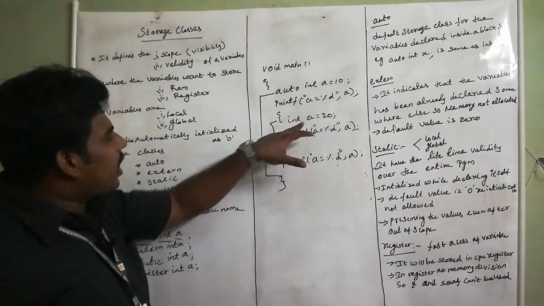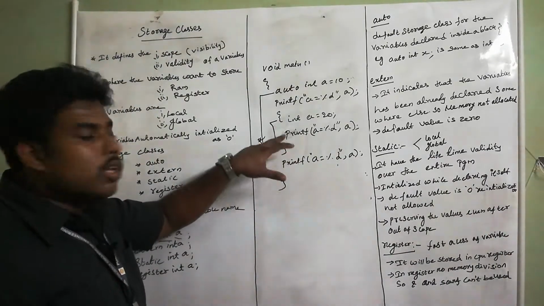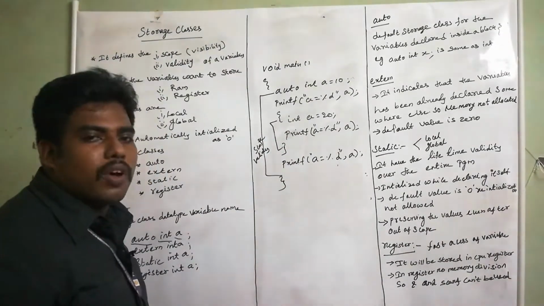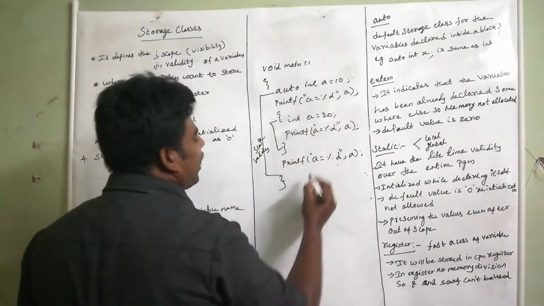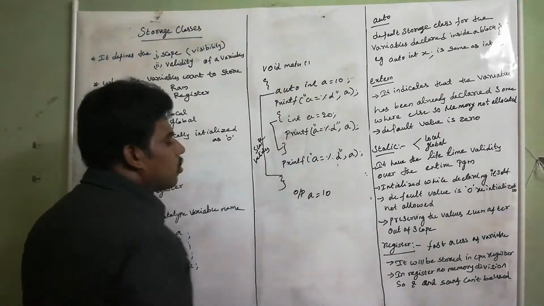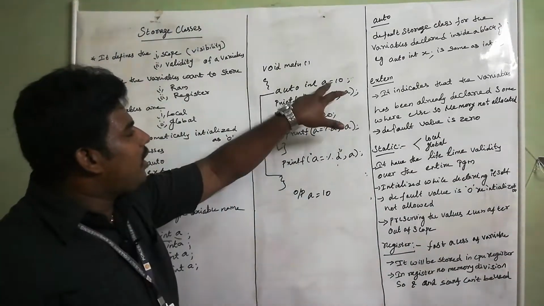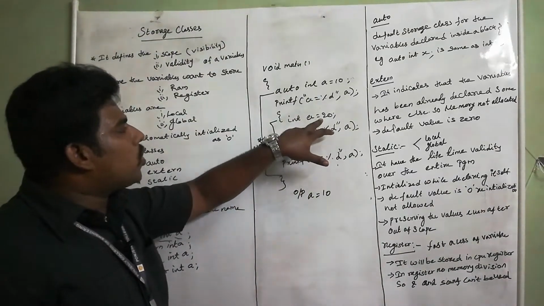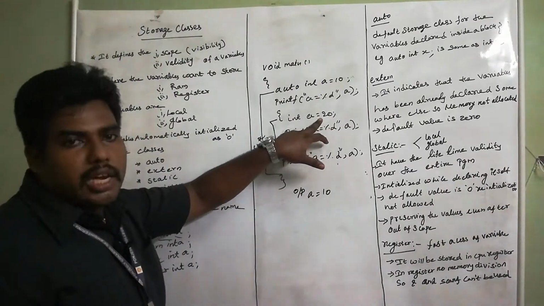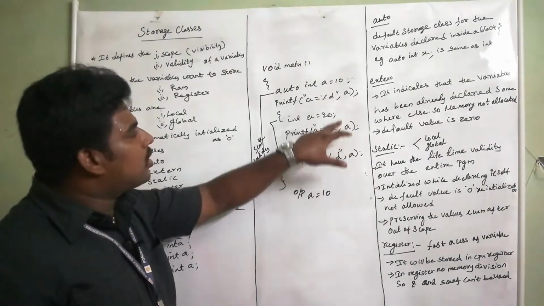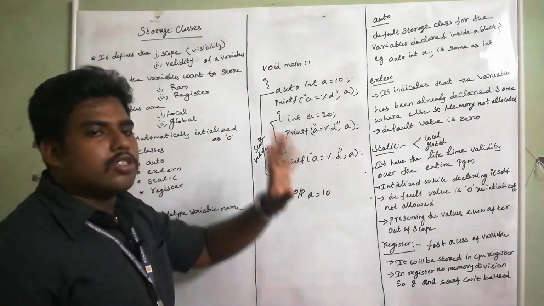The curly brace started here and ended here, so the scope and validity ended here. Now say the output for this. At first you will get the output a equal to 10. Why? Here a value is 10, so it's printing. Again you are declaring a equal to 20. It's reinitialized.